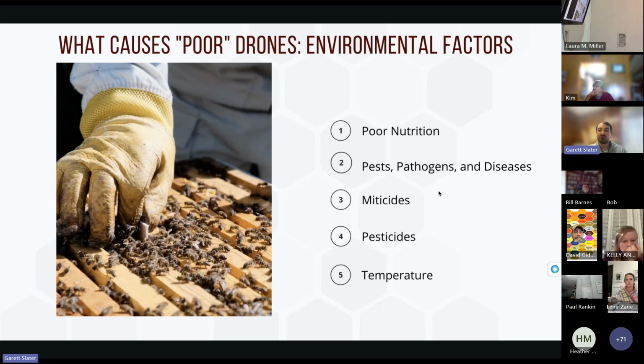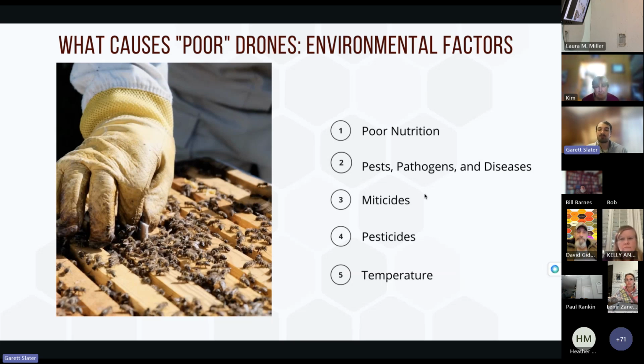So instead of a drone producing 90% live sperm that's high quality, it can drop that sperm quality to 50%. And so miticides have a huge effect. But even oxalic acid, formic acid, and some of these organic options can also impact and drop the sperm quality. So just be aware that if you are applying miticides, you are going to be impacting the drones.